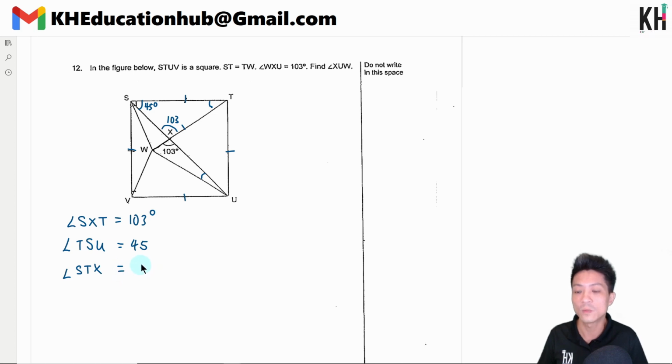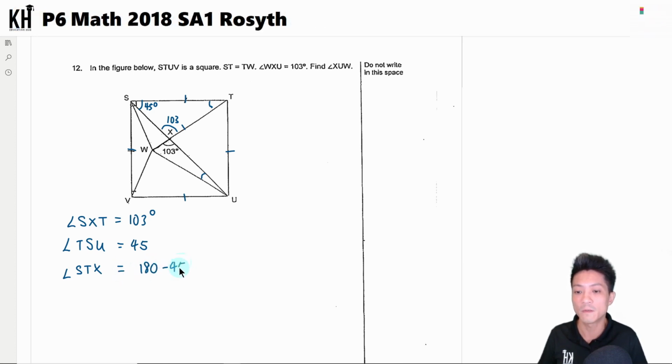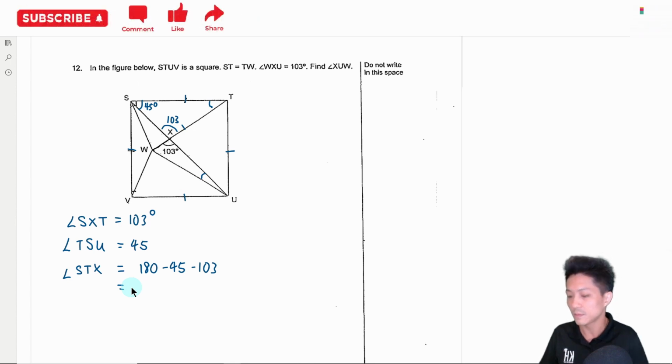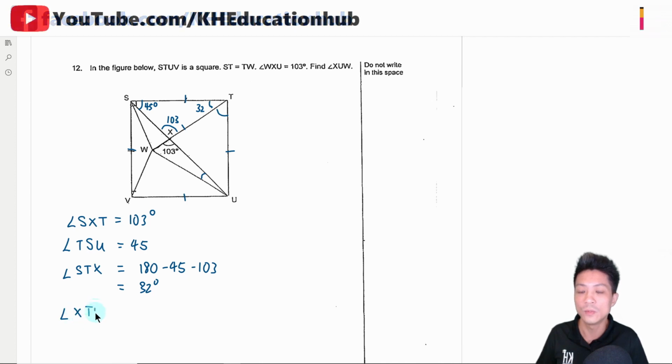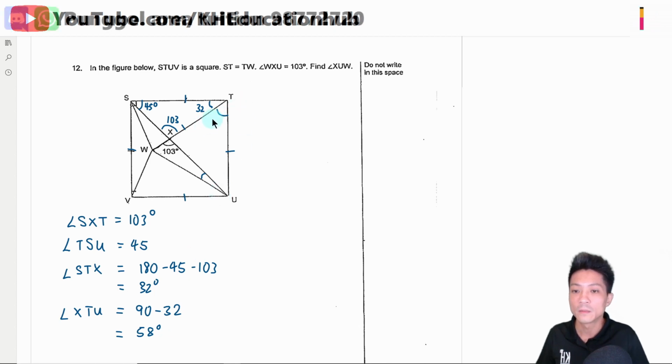STX will be 180 minus 45 minus 103. It's going to be 32 degrees, so this is 32 here. The reason I need this is because I want to find this angle over here. Angle XTU is equal to 90 minus 32, which will be 58 degrees.